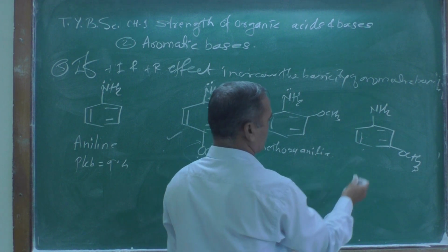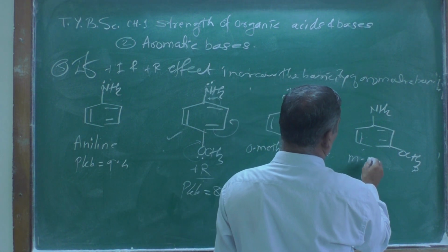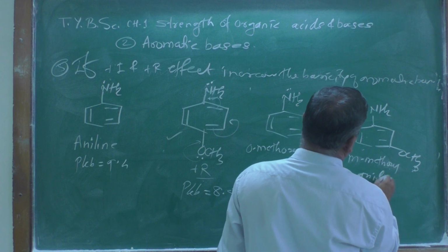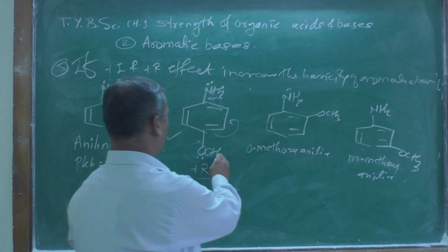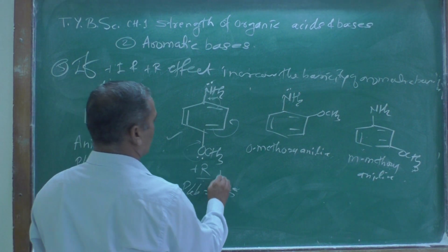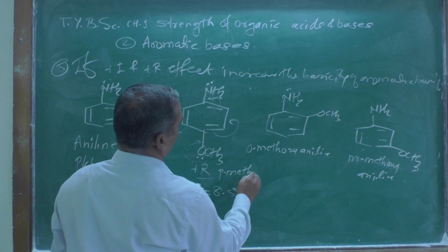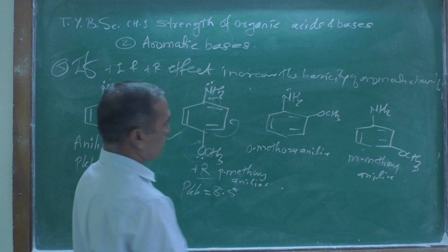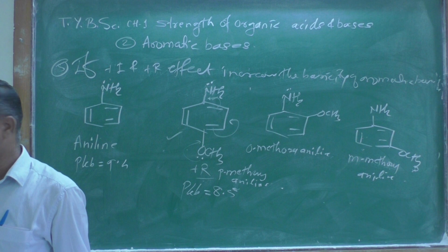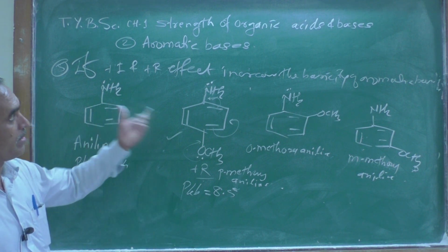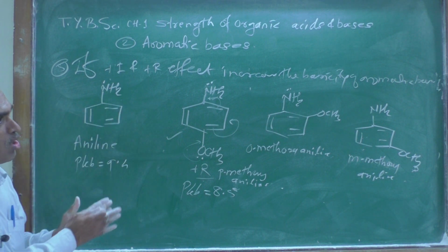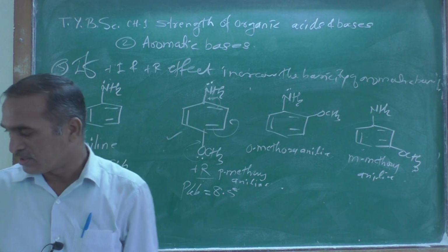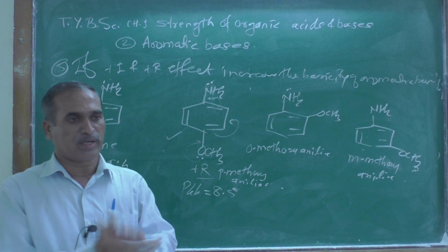And this is the structure of meta methoxy aniline, and this is para methoxy aniline. These are the structures, and they are slightly stronger bases than normal aniline. This is all about the aromatic bases.